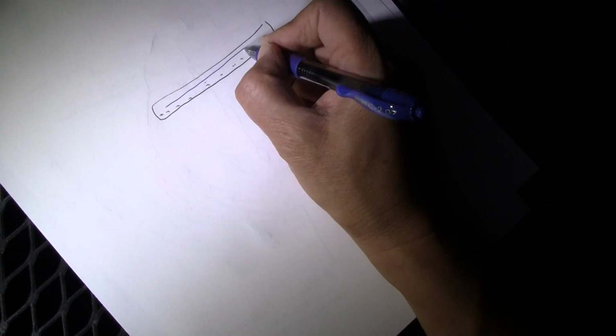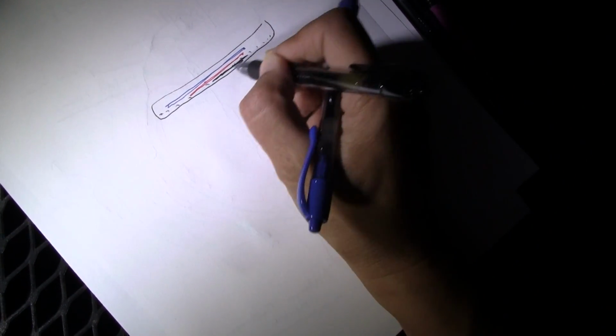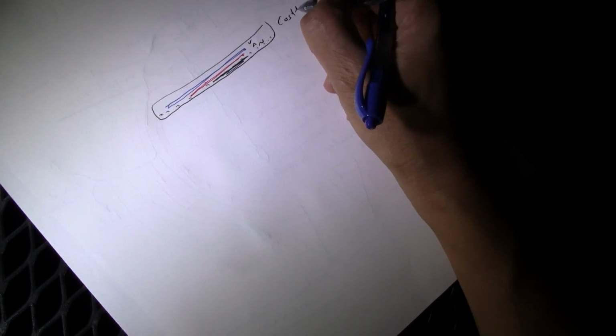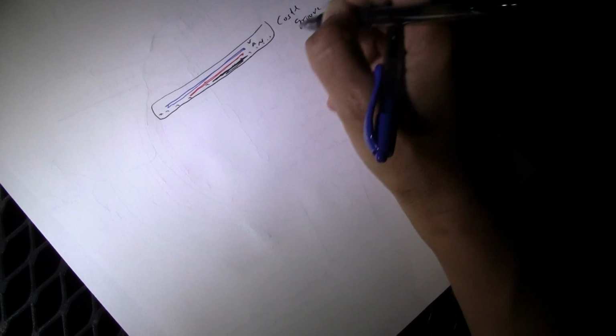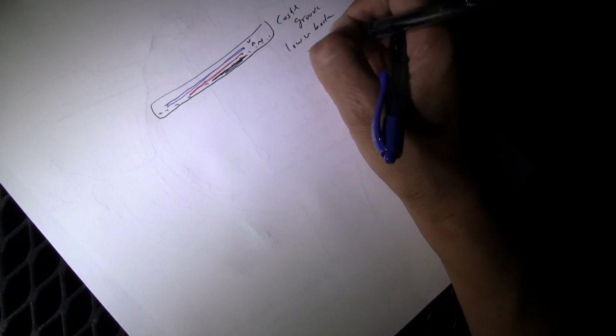You have vein first, then artery, then nerve, in the costal groove, which is located in the lower border of the rib.